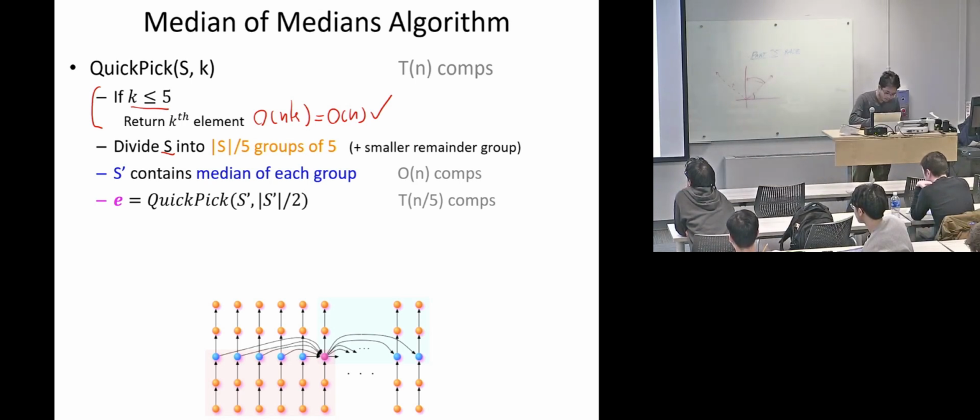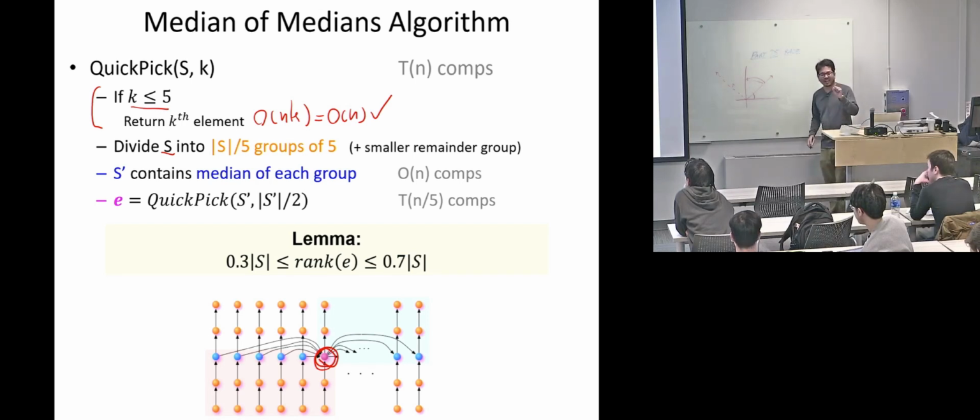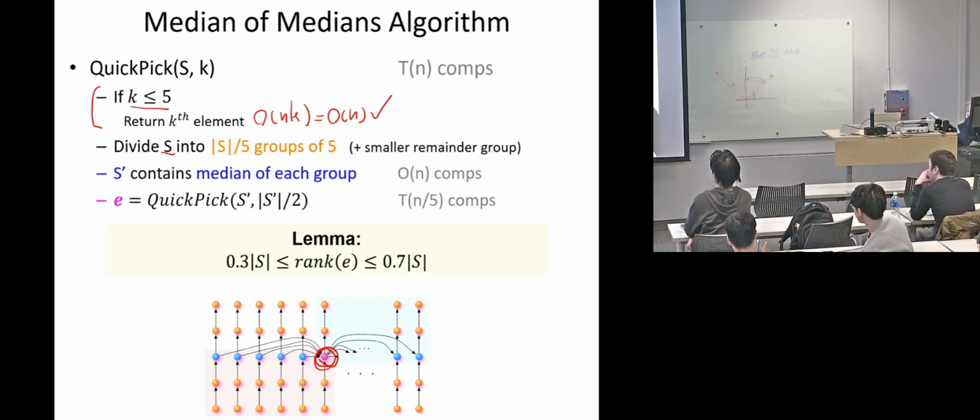Now I claim that there is something really good about this median of medians. I claim that it's actually gonna be quite close to the median. It might not be the real median. The median will have rank 0.5s, but I claim that this guy will have a rank not too far, not too extreme.